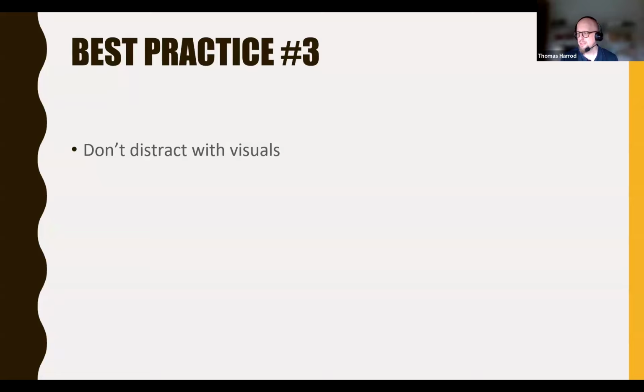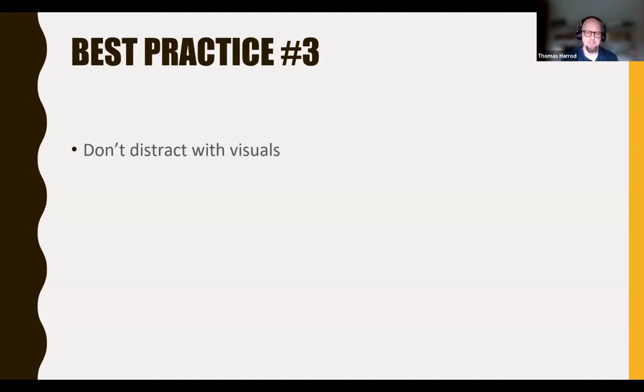One way this shows up is color combinations. Make sure you have maximal contrast in your colors, because there are people who may not have the same visual abilities as everyone else, and they may have trouble reading it if there's poor contrast in the color selection. So make sure you have maximal contrast.